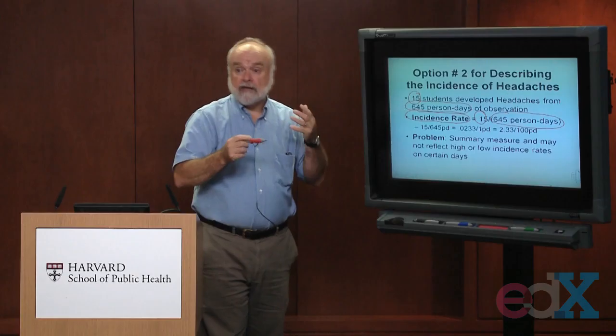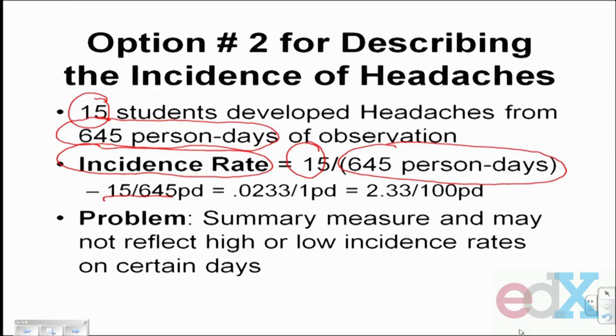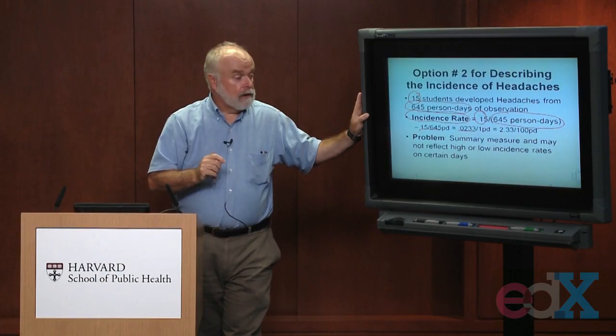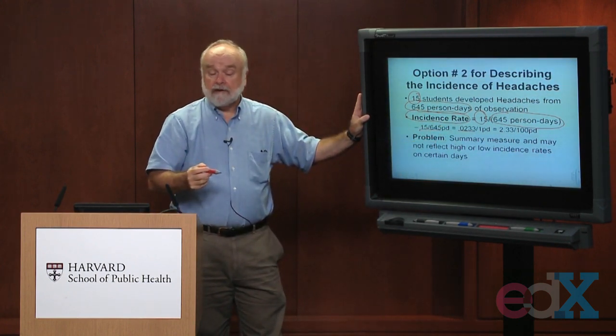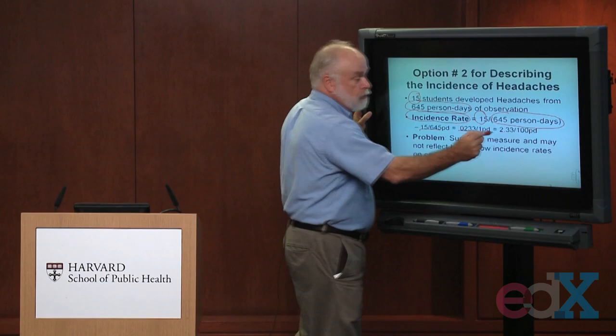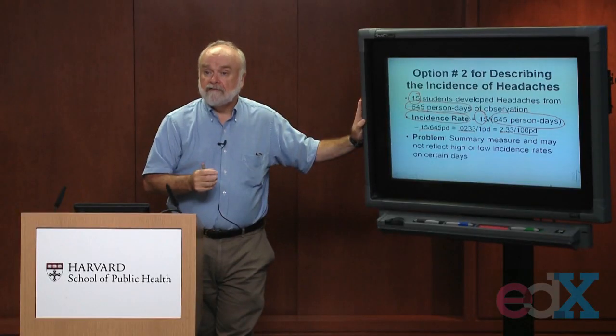Well, if you go through the calculation and divide 15 by 645 person days, you would get the value of 0.0233 for every 1 person day of follow-up. Well, I could multiply 0.0233 by 100 and say I observed 2.33 cases of headaches occurring for every 100 person days of observation.